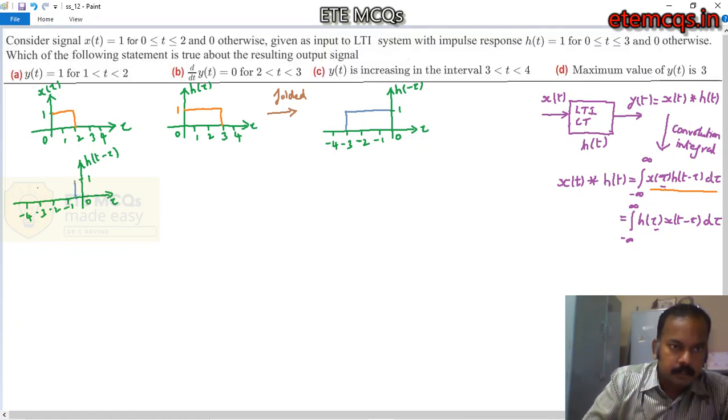This point is taken as t, so you will have a signal of this form with amplitude equal to 1. So what I mean to say is this point is taken as t and this is taken as t minus 3.